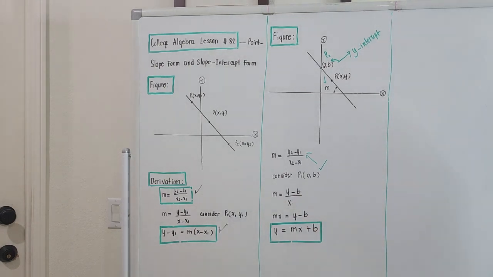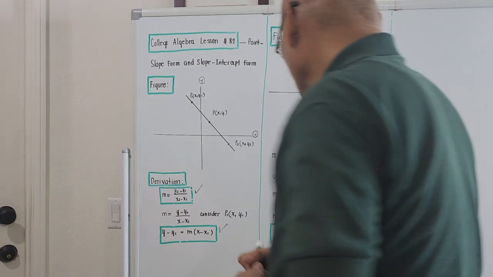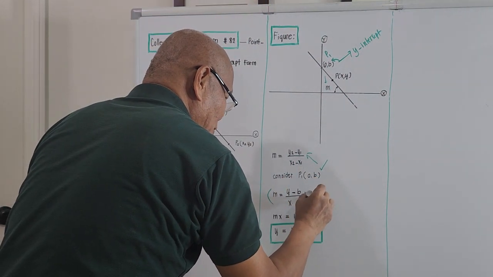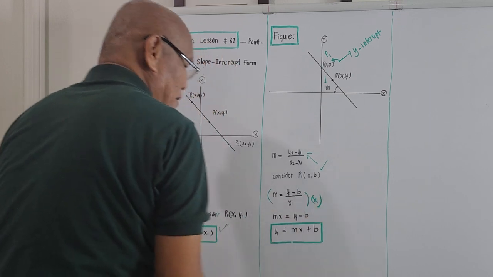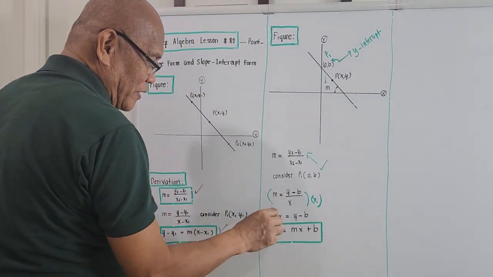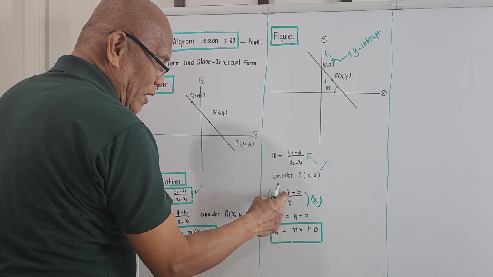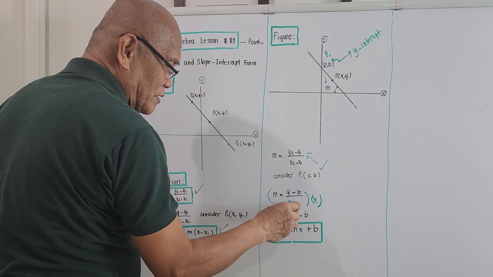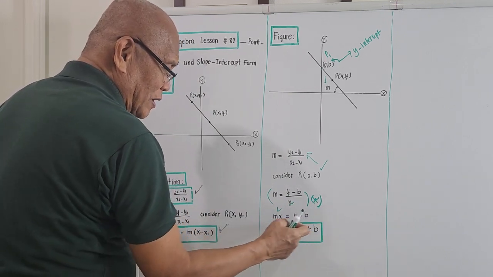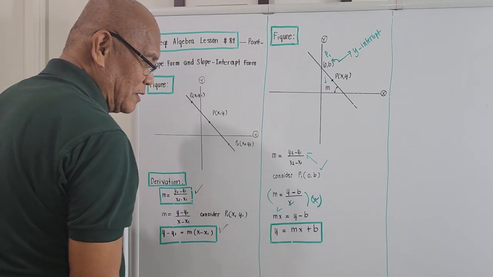If we cross multiply, or just multiply all terms by x, m times x will be mx. On the right, y minus b over x, this x cancels with the x, so what remains on the right is simply y minus b.